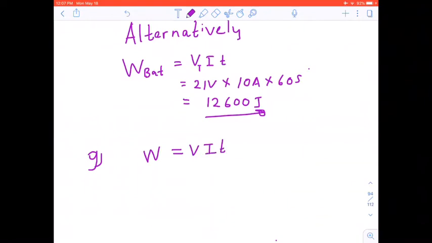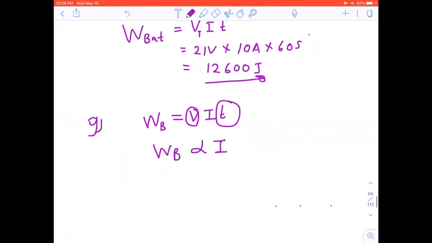W of the battery is equal to VIT, and we know that if V is constant, and T is constant, then the work done by the battery is directly proportional to I. Isn't that so?